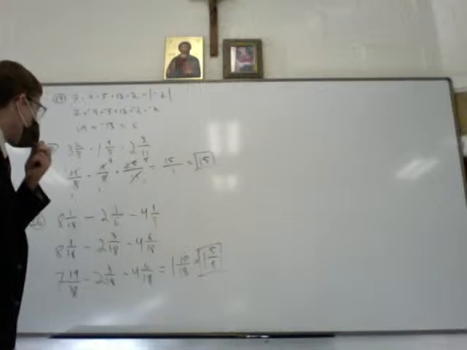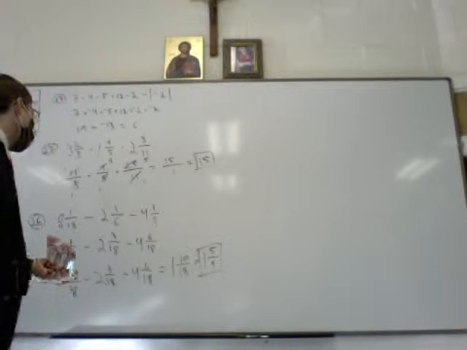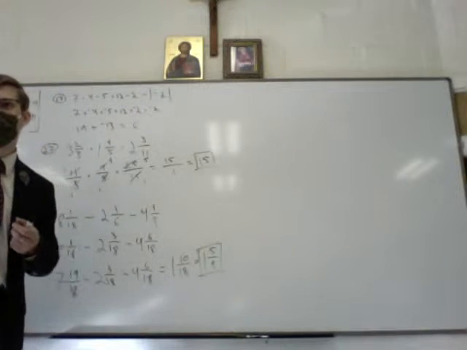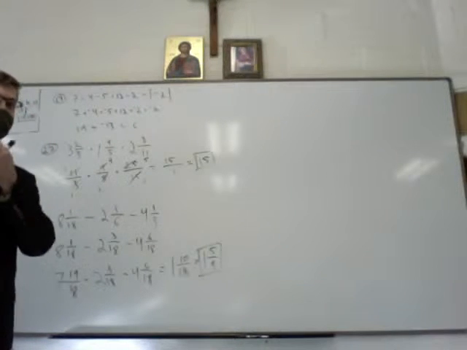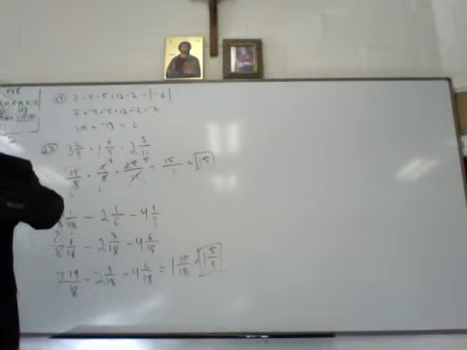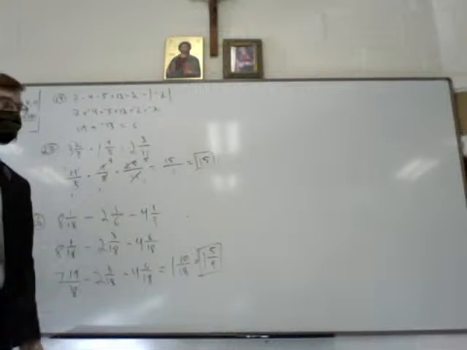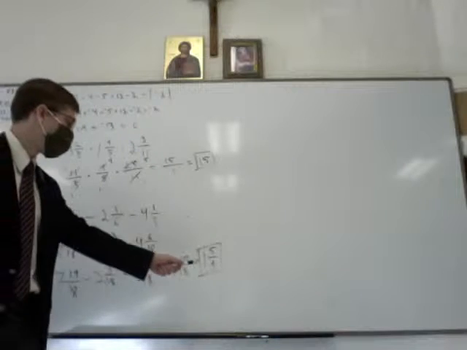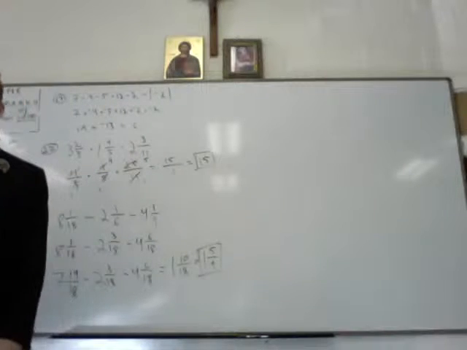Because otherwise, if we did that, we would end up with 2 and negative 8 over 18. Okay, we can't have a mixed number where one part is positive and the other is negative. It's not allowed. So we borrow one here, and then we're able to end up with a positive whole number and a positive fraction.